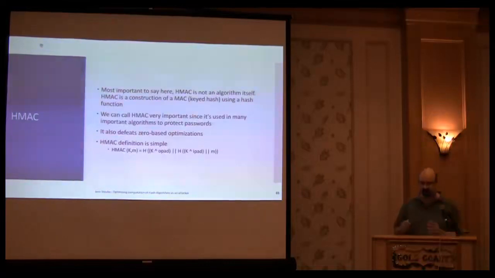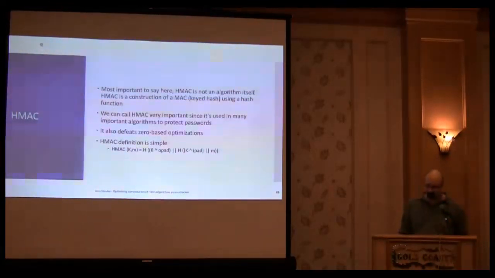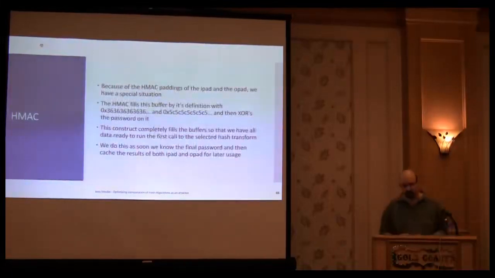It's a construction combined with a hash function, and it is very good at defeating the zero-based optimization. That is because it is filling the 512-bit buffer with static values, and since these values are no longer zero, we cannot use zero-based optimizations.